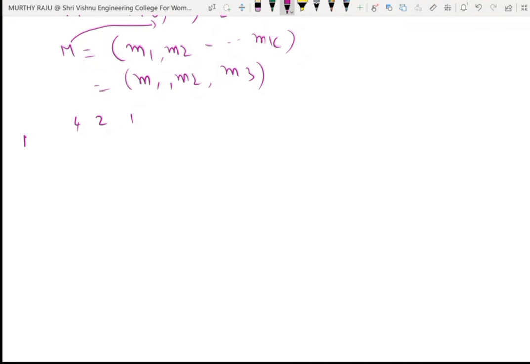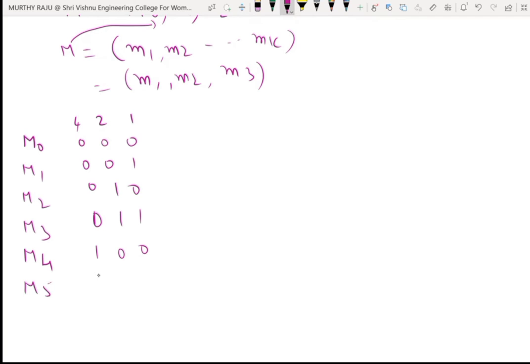Here M0 is 000, M1 is 001, M2 is 010, M3 is 011, M4 is 100, M5 is 101, M6 is 110, M7 is 111. Add 4 plus 2 plus 1, that is 7. That means 111. Like that.